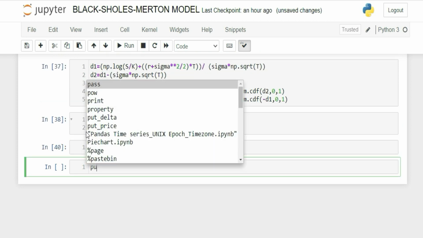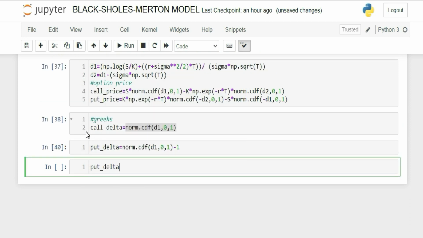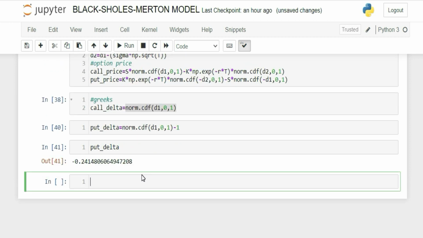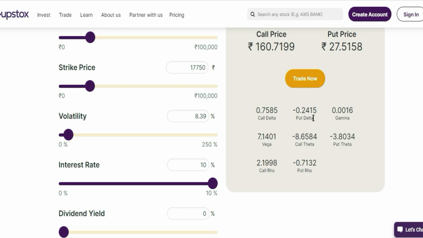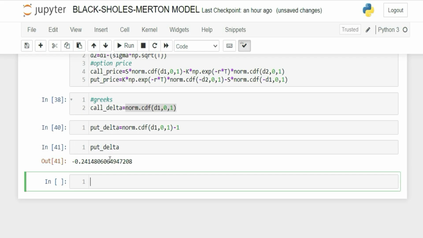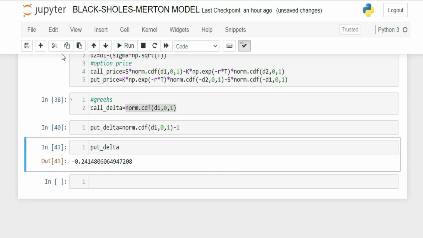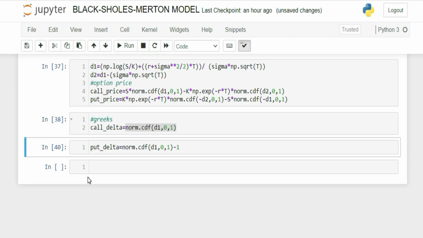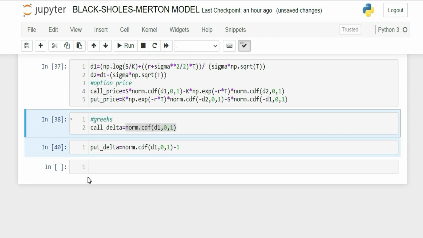And see what the put delta is here: minus 0.2414. Go back and check, minus 0.2415. So it's exactly matching. So we got call delta and put delta.